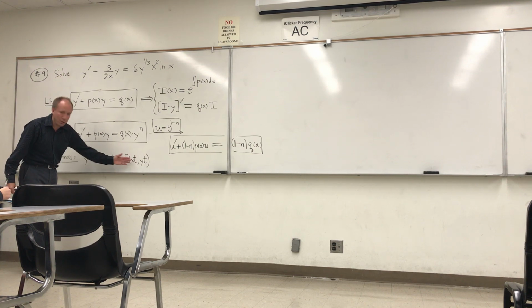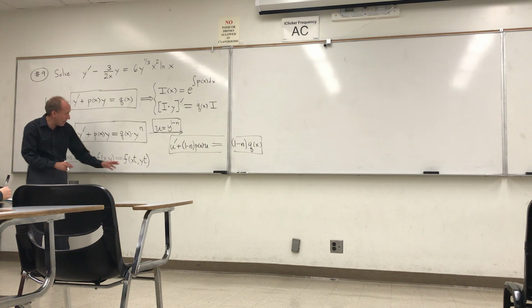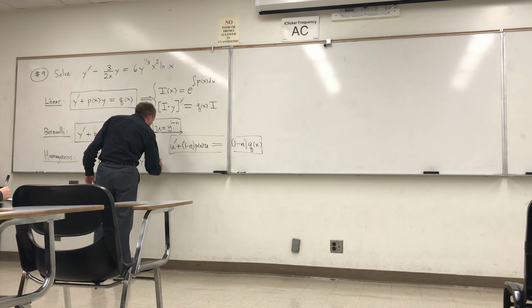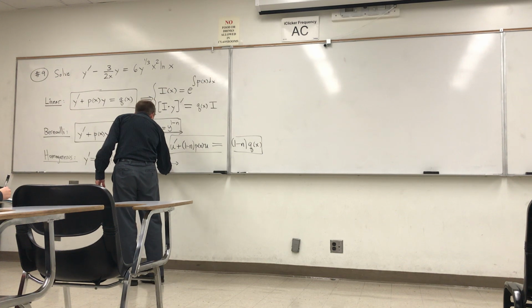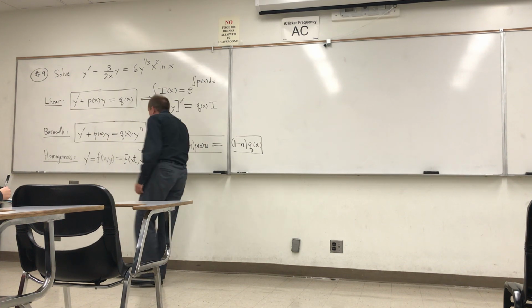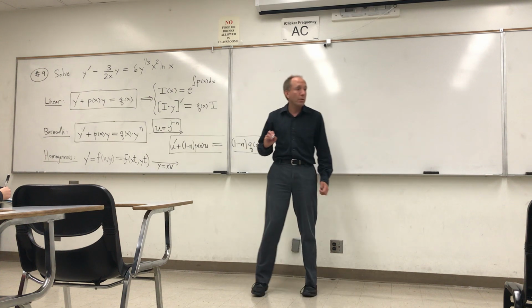So if you have this situation where the t's just cancel right back out, then this is homogeneous, and in this case, the change of variables that you need to use is y equals xv, okay?